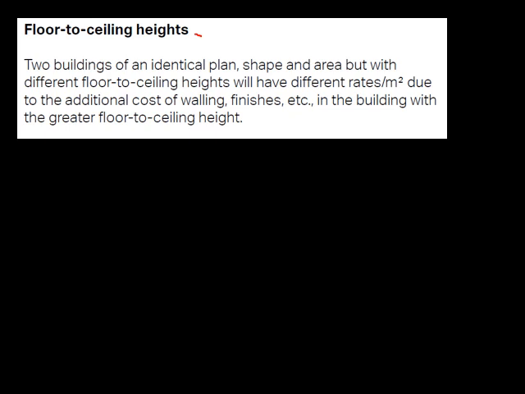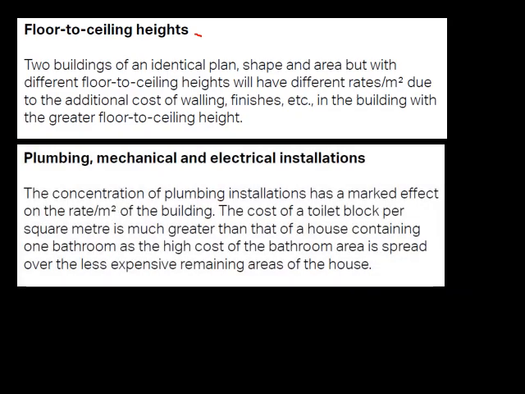It's just a discussion on that. And then your plumbing and mechanical and electrical installations will have a big influence on your rate per square meter. You need to have a look at that, and I think I've touched on it, whereas a toilet block installation will have a lot more technical plumbing installed, which will take the rate per square meter up.